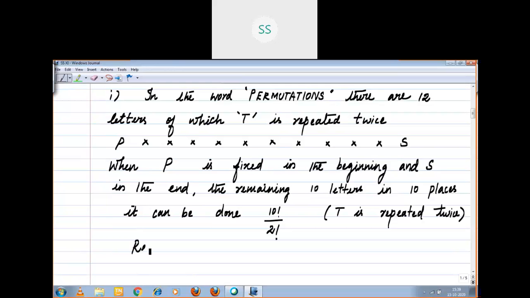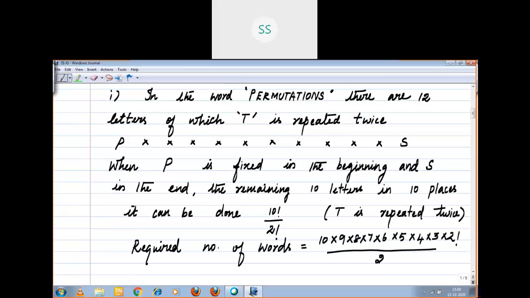Now, the required number of words equals 10 factorial, and you have to write the factorial in the reverse order: 10 into 9, 8, 7, 6, 5, 4, 3 into 2 factorial divided by 2 factorial. 2 factorial cancels.